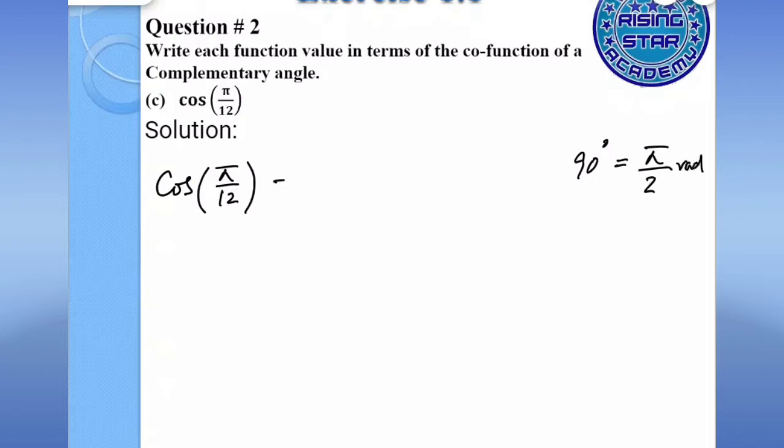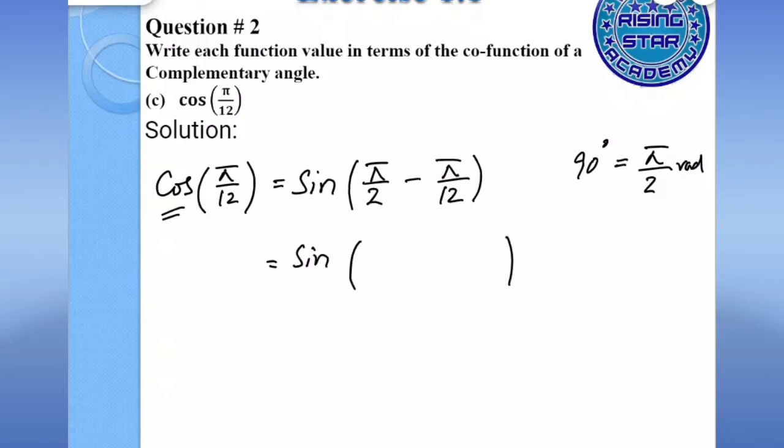So I would write it. The co-function of cos would be sine of pi by 2 minus pi by 12. We will make the denominators equal. So what would I do? I would multiply and divide by 6 to make the denominator equal.